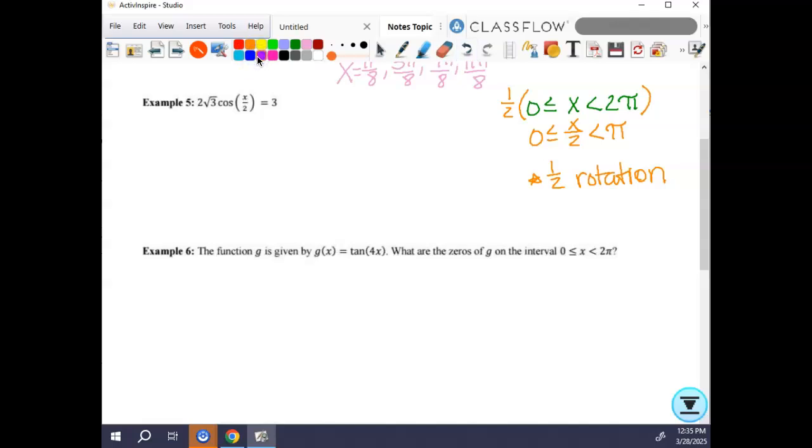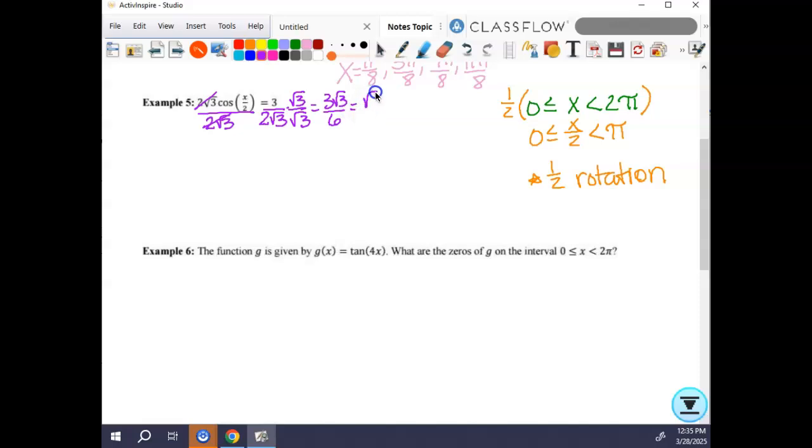All right. So I'm going to take this and divide both sides by 2 square roots of 3. Those cancel out. On the right-hand side, I have a square root in the denominator, so I need to rationalize. That gives me 3 square roots of 3 over 6. And then can I reduce that?